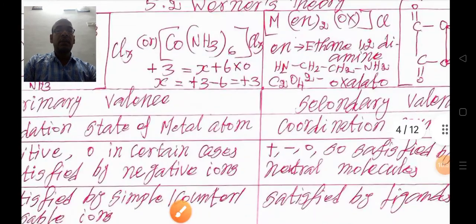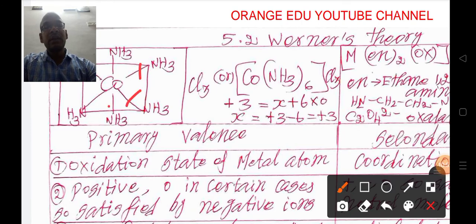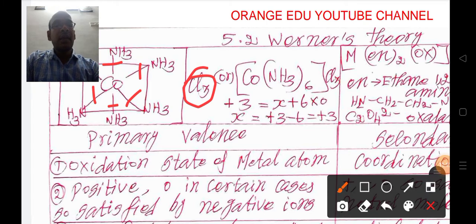In this example, these ligands are strongly attached by coordinate covalent sigma bonds. Therefore, inner spheres are non-ionizable in solvent, but in the outer sphere, simple ions are weakly bonded to the central metal ion, therefore easily ionizable in suitable solvent.